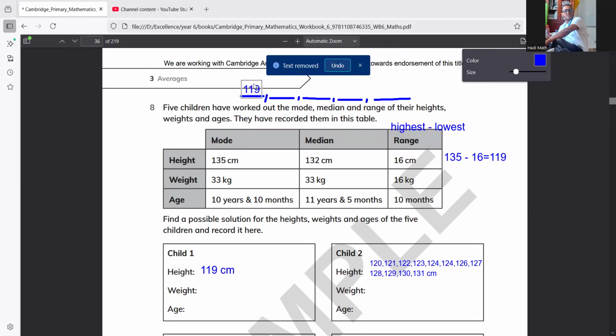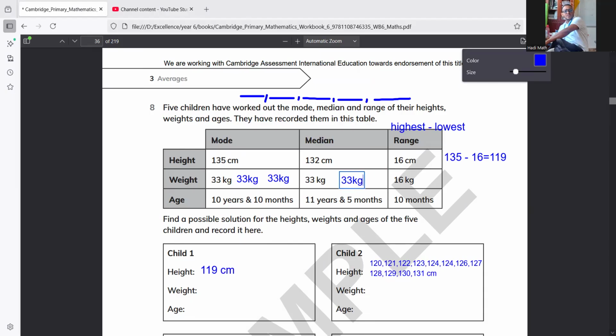And let's go to question number B, the second one, looking for the weight. We say the mode is 33. That means 33 kilogram is repeated at least 2 times. We say the median is also 33 kilogram.